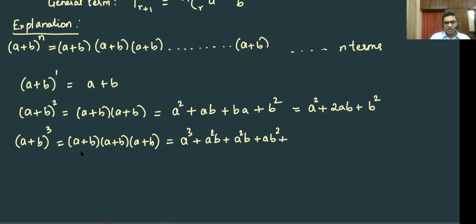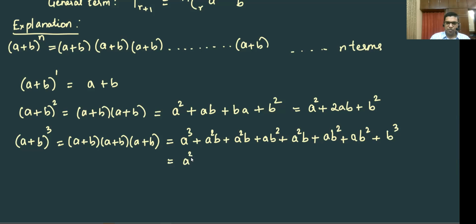Correct? Then b gets multiplied with a and multiplied with a, again you get a square b. Then b gets multiplied with a, gets multiplied with b, you get ab square, plus b gets multiplied with b, then multiplied with a, you get b square a or ab square. And b gets multiplied with b and then with b, you get b cube.